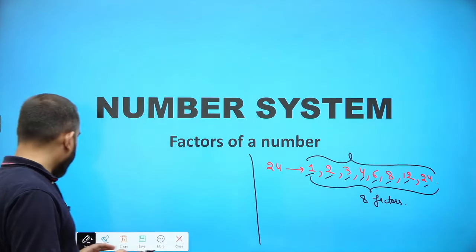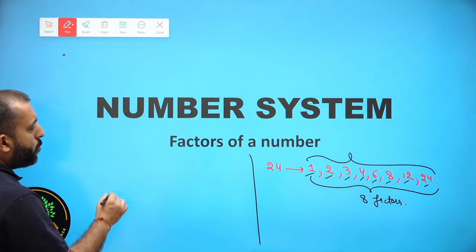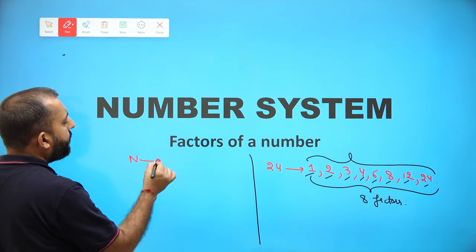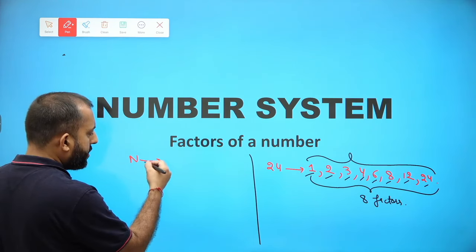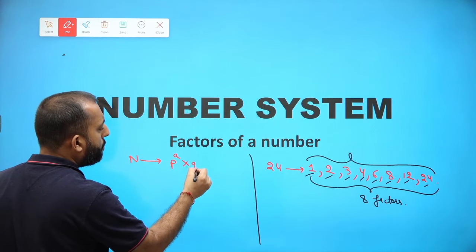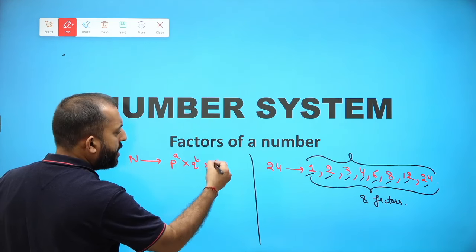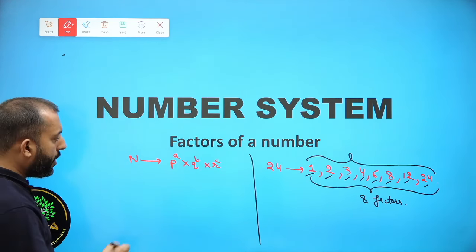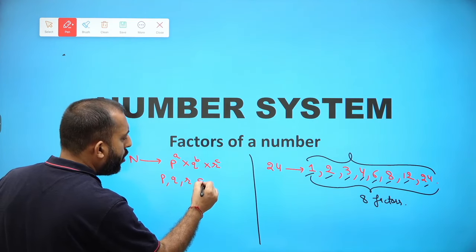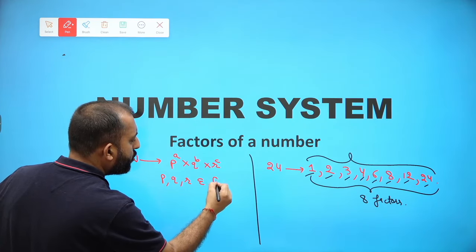The shortcut is, suppose we have a number n and its prime factorization is given. For example, n is equal to p to the power a, q to the power b, and r to the power c, and so on, where p, q, and r are prime numbers.